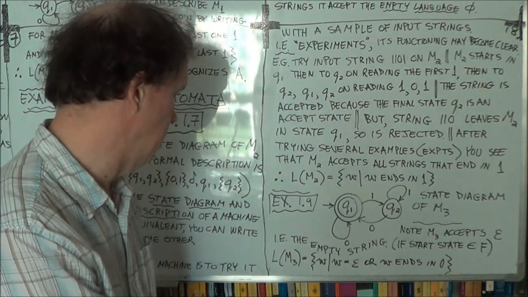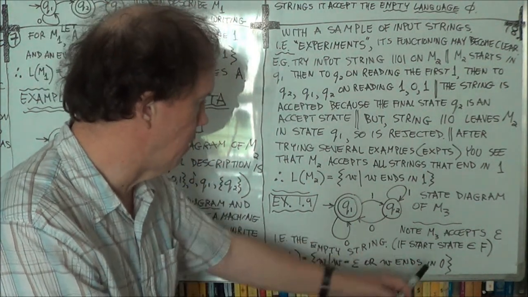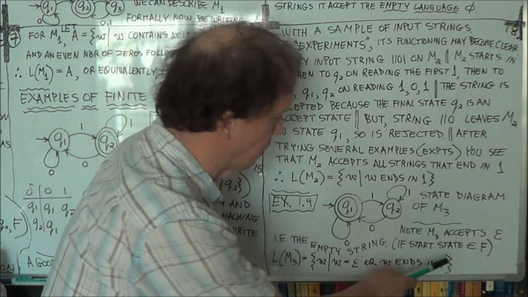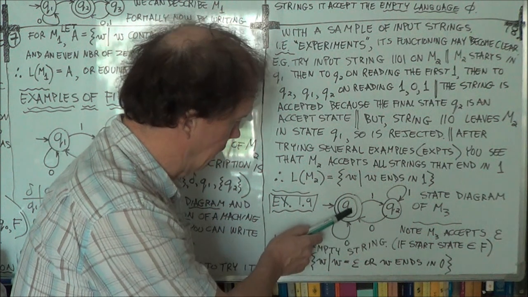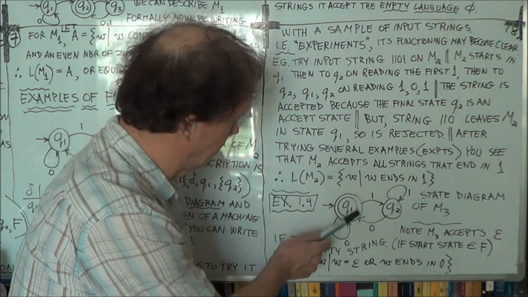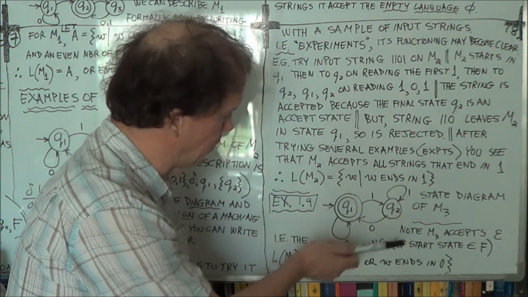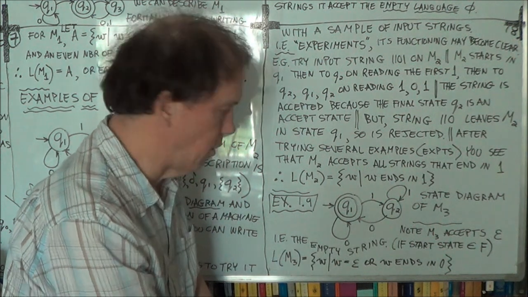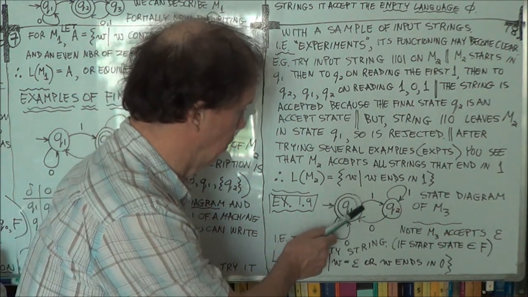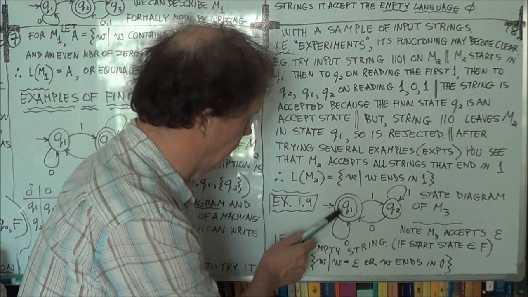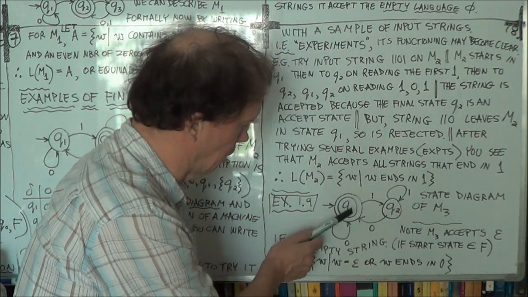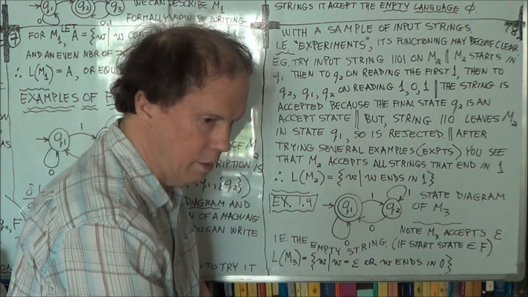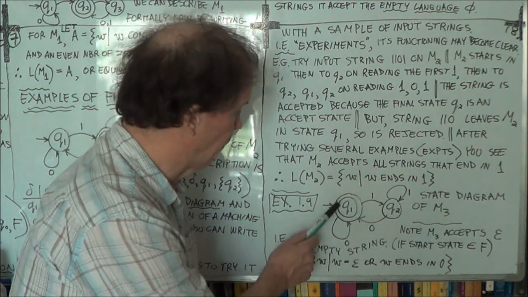Ends in 0. Well, let's try something. Let's say we input 0. Input 0, so you're back to here. And that's it. So that's accepted. Let's try 1, 0. Start here. 1, 0. So that's okay.